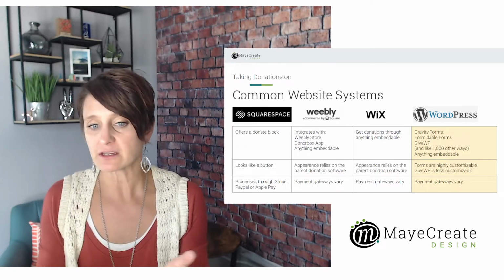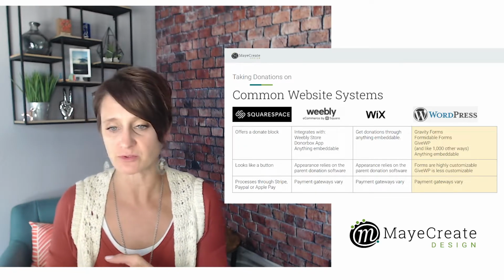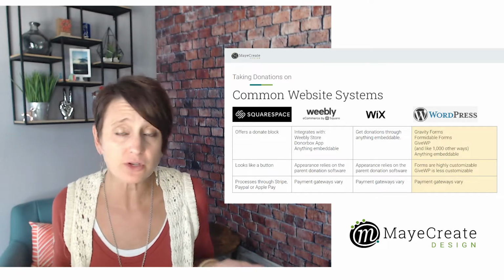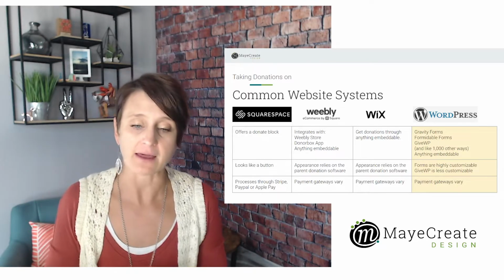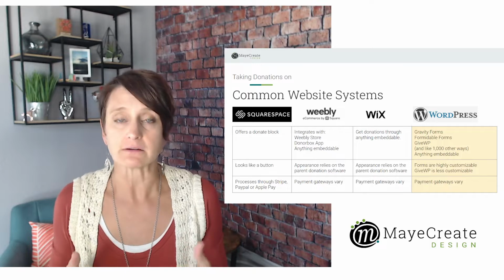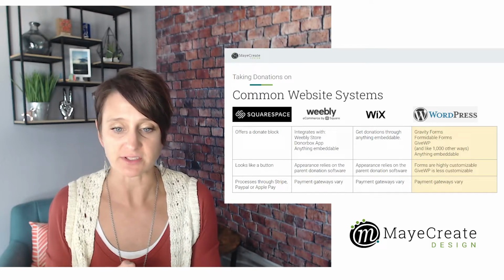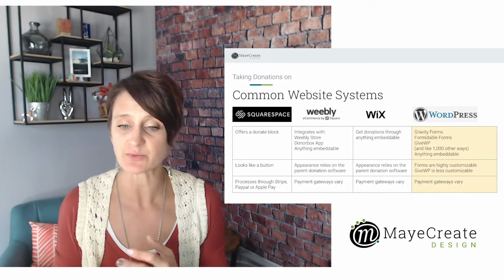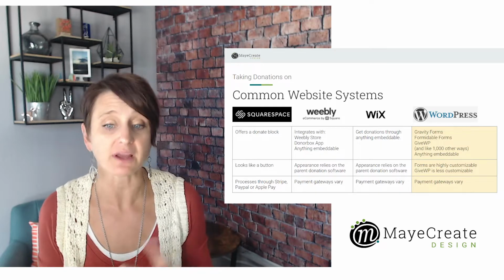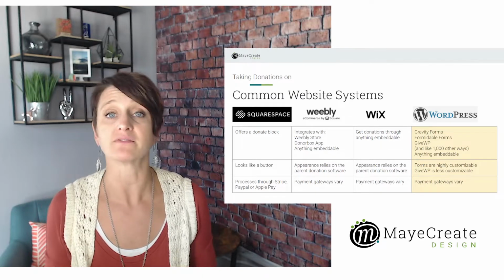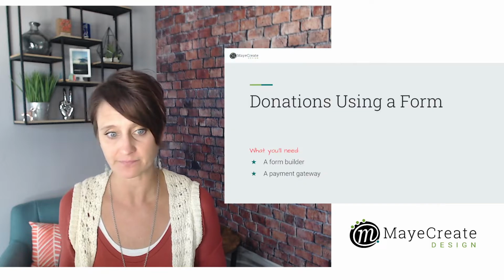Now, if you created a form separately through like Gravity Forms or Formidable Forms, you can gather whatever you want from people and put that as required fields for people to fill out and donate on your site. Now, your payment gateways, once again, vary based on the plugin that you use, because not all of them accept all payment gateways.